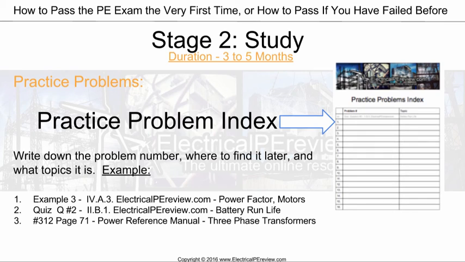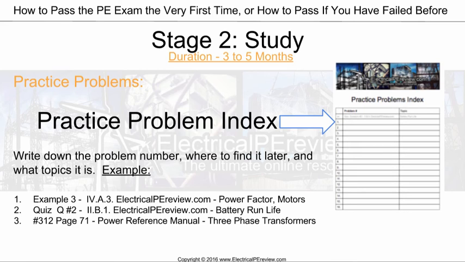So for example, if we were just starting out, say we got to example 3 on power factor and motors and we couldn't solve it, boom, write it down, move on. Say we're solving problems, we get to a quiz, and on the second question, we can't solve the question on battery run life, even though we're putting time into trying to figure it out. We recognize that, we write it down, and move on.